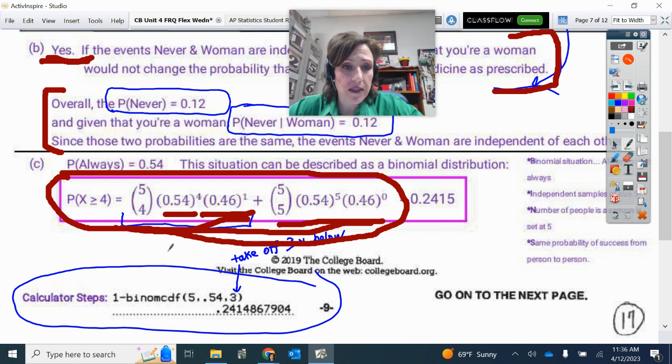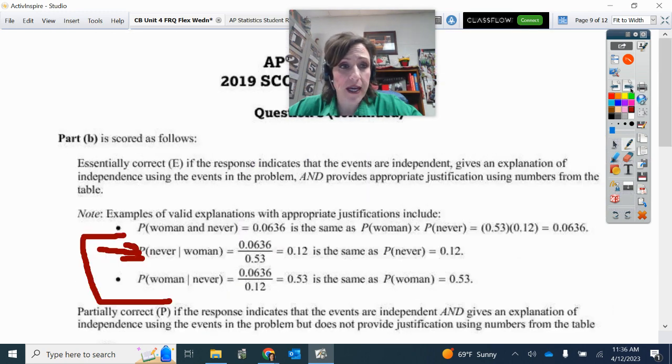So this gets you a lot of credit when done properly. The way I did this in the calculator, you could just do the PDF of 4 plus the PDF of 5 and add the two PDFs together. Or you can do 1 minus the bottom section and take off the 3 and below, which would leave you with 4 and 5. So those are the two options calculator wise.